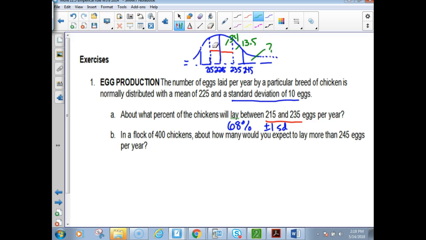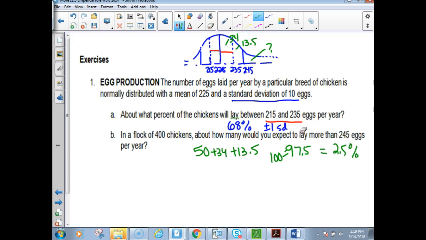What percent is that? So if I do 50 plus 34 plus 13.5, what's that, 84, 94, 97.5? Did I add that up right? Yes. Then you could do 100 minus 97.5 and find out what percent that is. It's 2.5%, right?